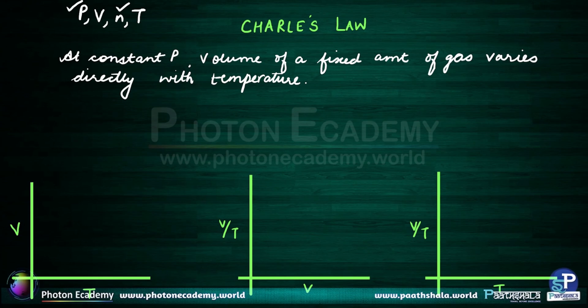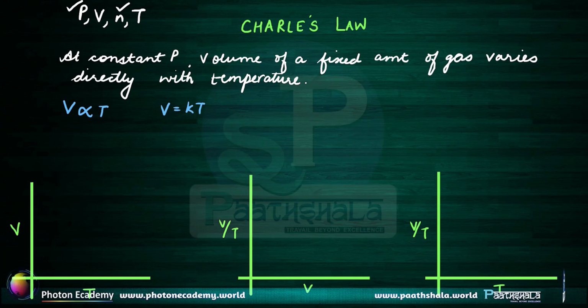Written in mathematical terms, V is proportional to T, or V is equal to KT. Another form of writing it is V divided by T is equal to a constant.